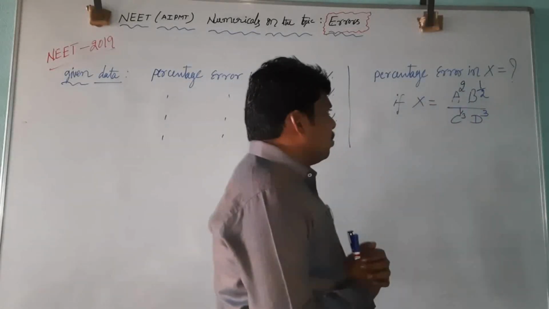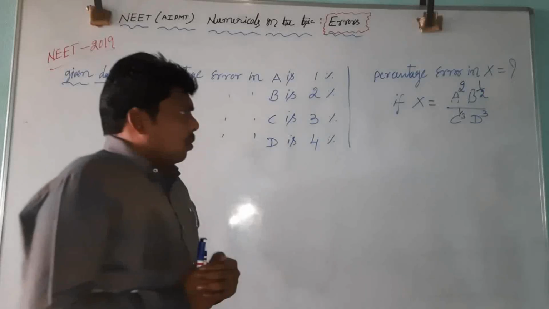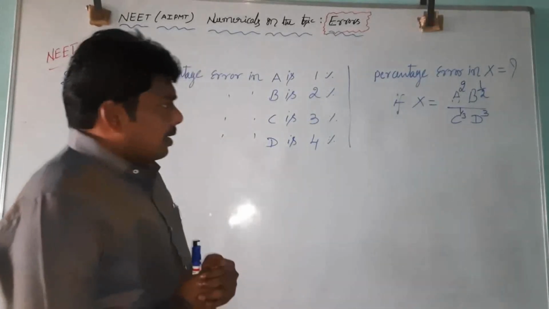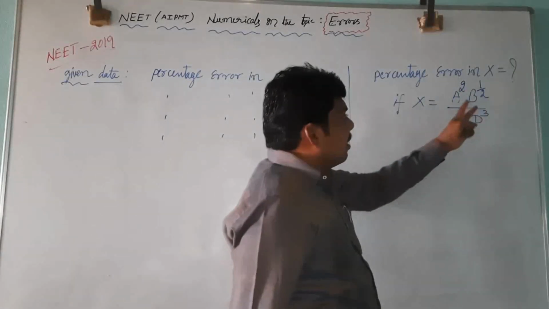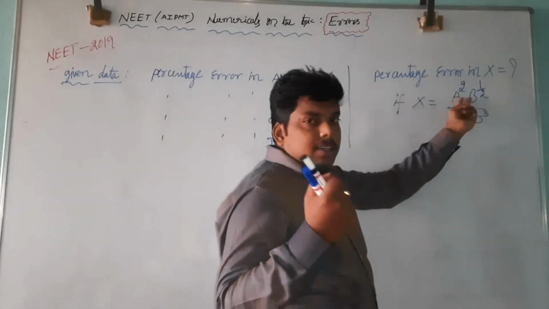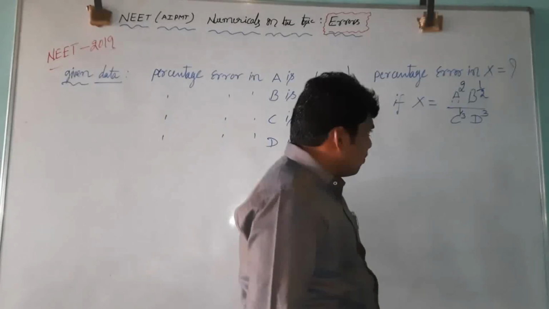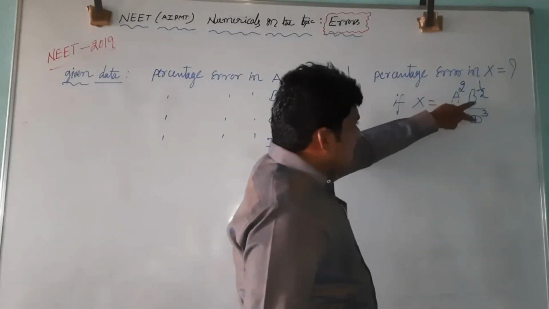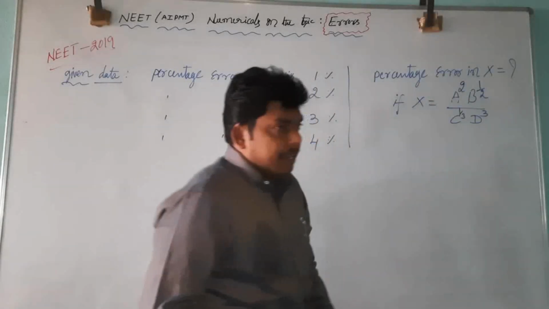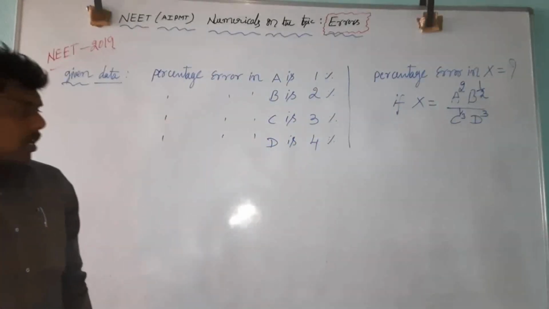If you observe the given data, you will come to know that whatever the physical quantity X is there, that is related with ABCD in this order. Here, product or multiplication of two quantities is there, ratio of two quantities, power of certain physical quantity. Means that here we have to use two formulas.